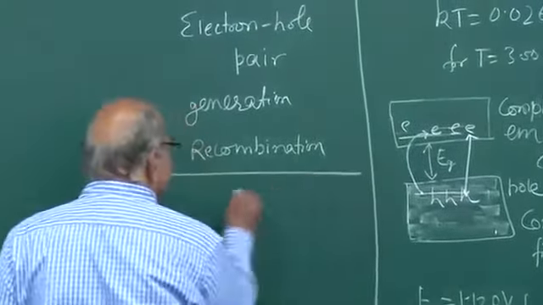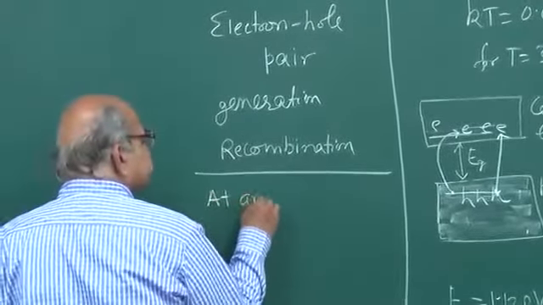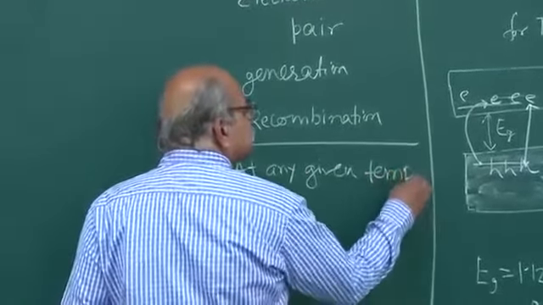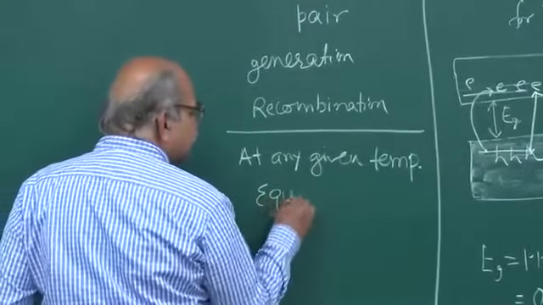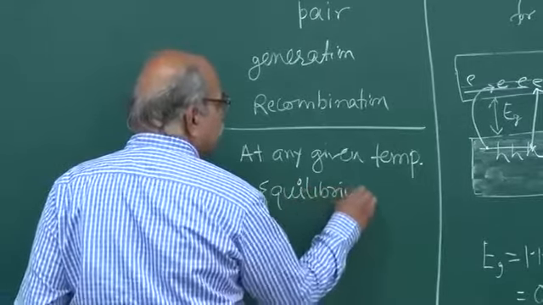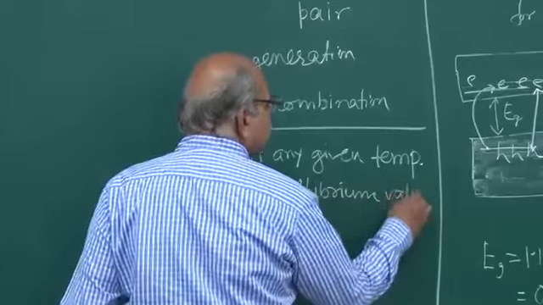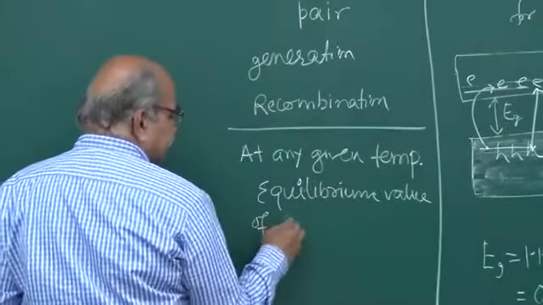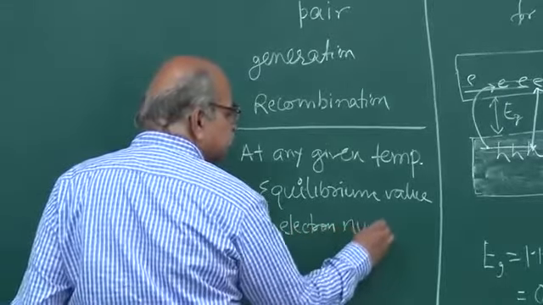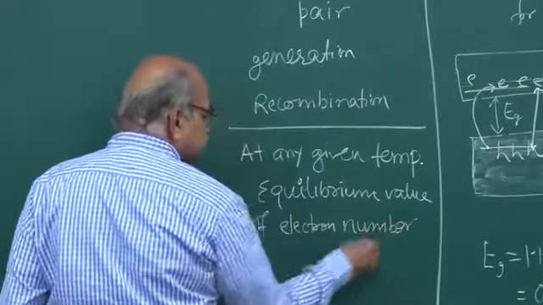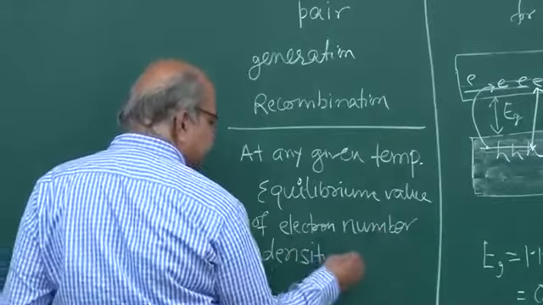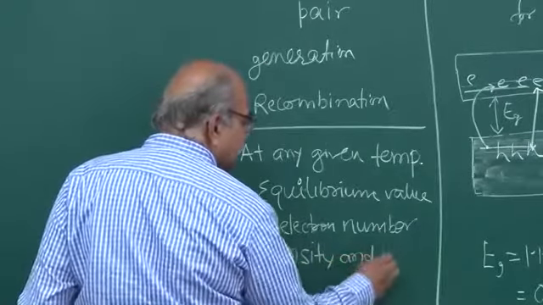So you have at any given temperature an equilibrium value of electron number density, and that will be the same as hole number density.